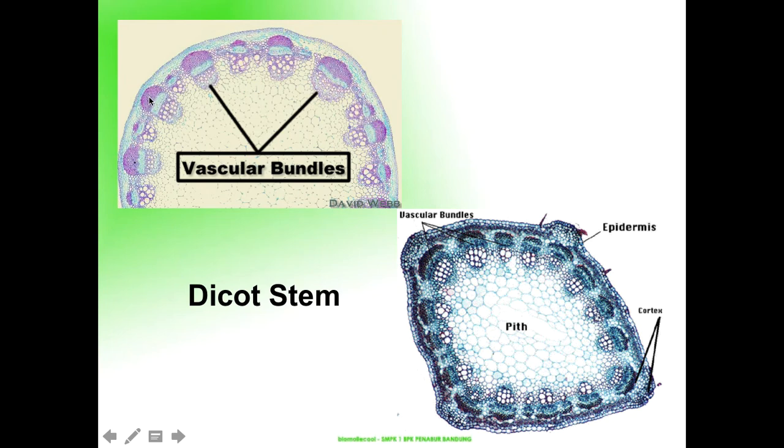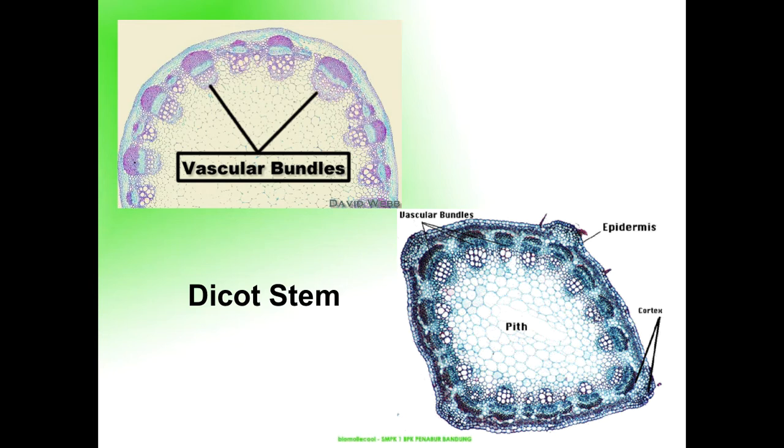And in the dicot stem, there is something in between the two, xylem and phloem. We see this one, this one, this one, this one, this one. We call them cambium. Cambium is the part that's responsible for secondary growth.